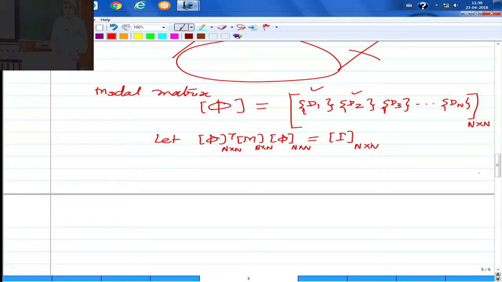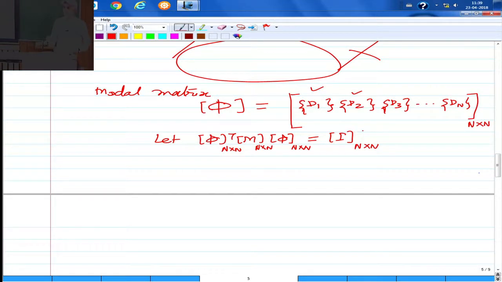We make sure that because the modes are orthogonal, only the diagonal elements are going to be non-zero. That is why d1 transpose m into d1 would be non-zero, d2 transpose m into d2 would be non-zero, but all other combinations would be 0. That is, d3 transpose m d3 is also non-zero. And we scale these eigenvectors.